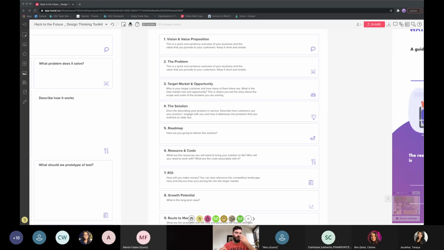And in the business model canvas, actually, there's a revenue and a cost section, and it's also important to the resources and costs.